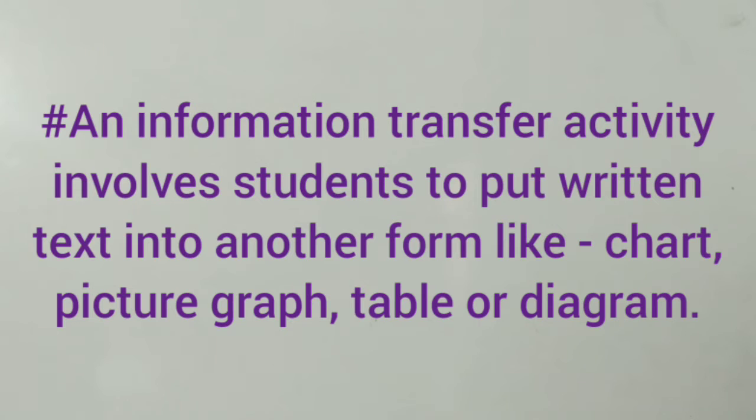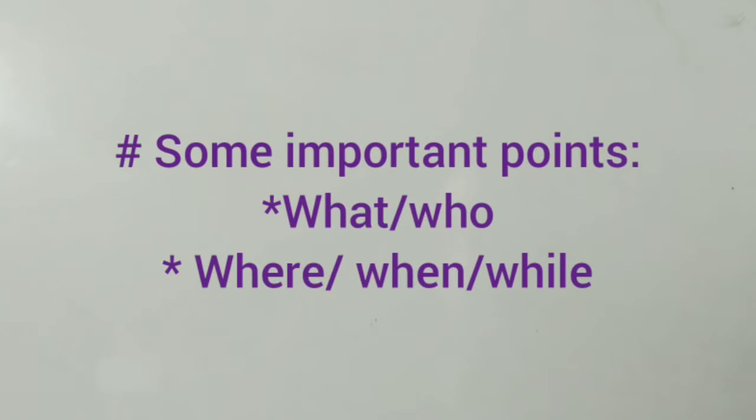You will find 5 gaps in your table and you have to complete those 5 gaps by taking information from your given text. You have to identify some important points from reading that passage.